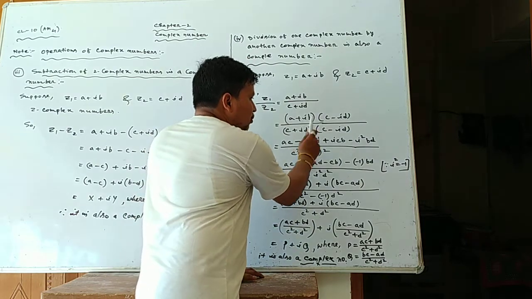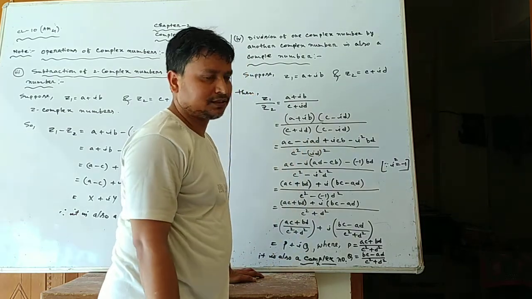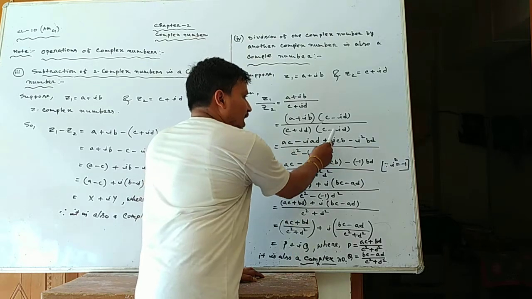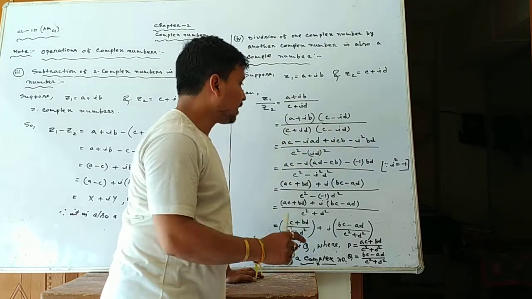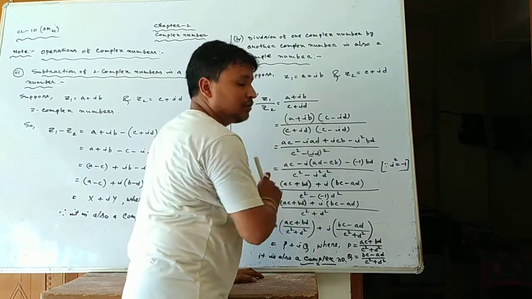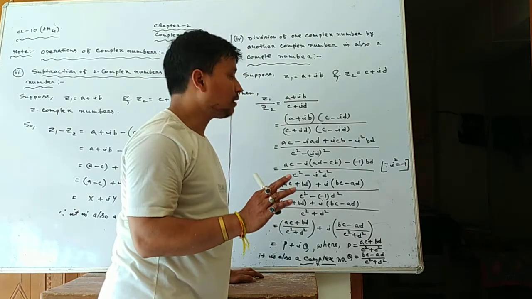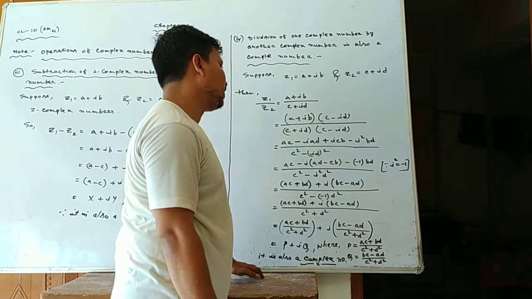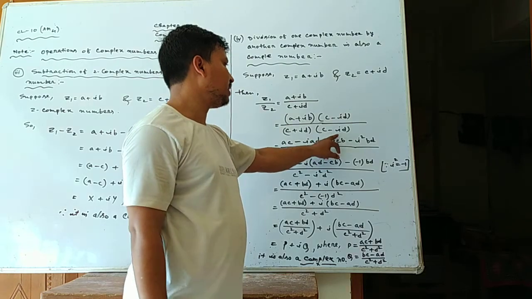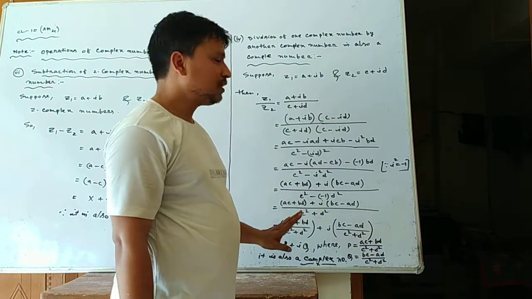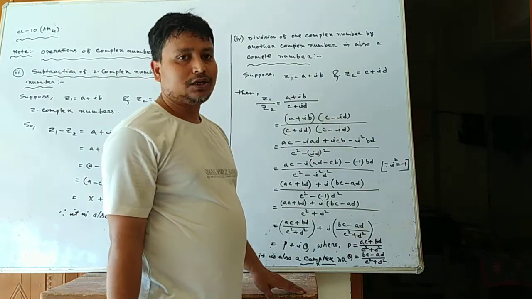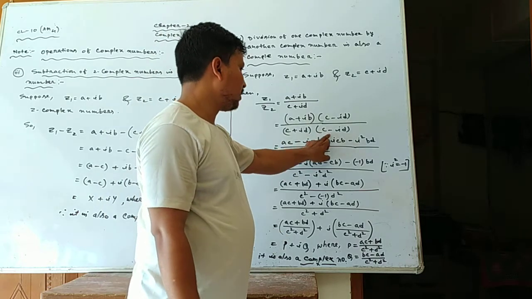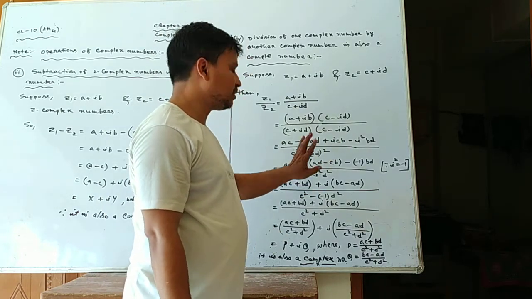Then the denominator will be rationalized. So C minus ID is multiplied with the denominator and numerator. This is the formula (A plus B)(A minus B), that means A square minus B square.